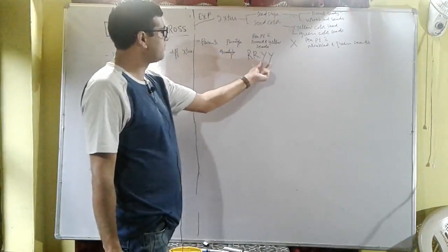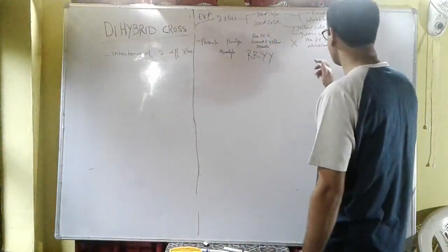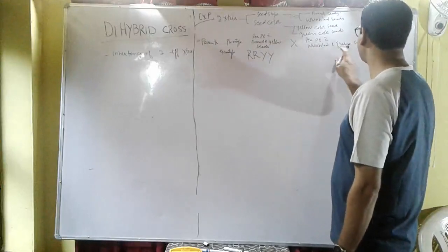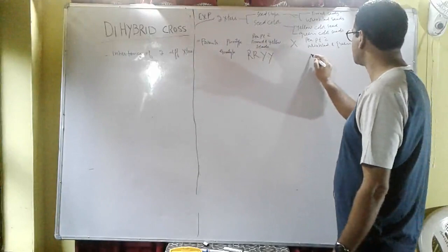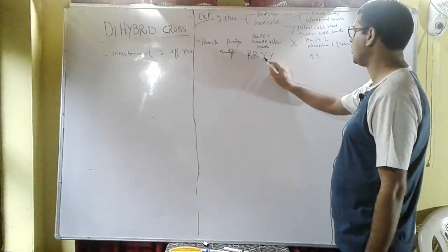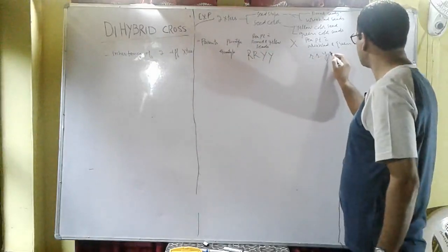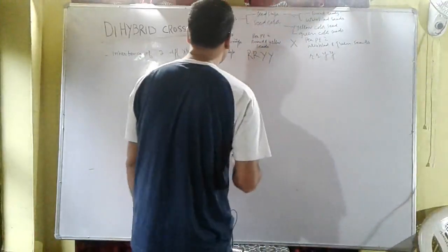Here we have the pea plant with wrinkled and green seeds. Wrinkled is the recessive trait, so we write small r, and green is the recessive trait of yellow seeds, small y. So this is the genotype of these two pea plants.